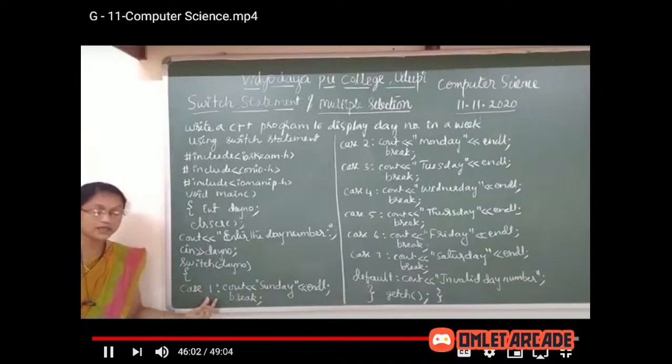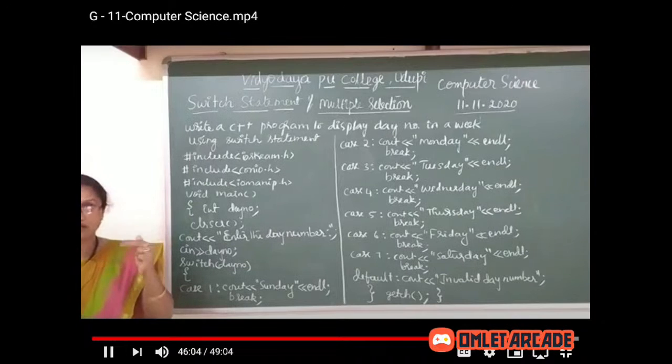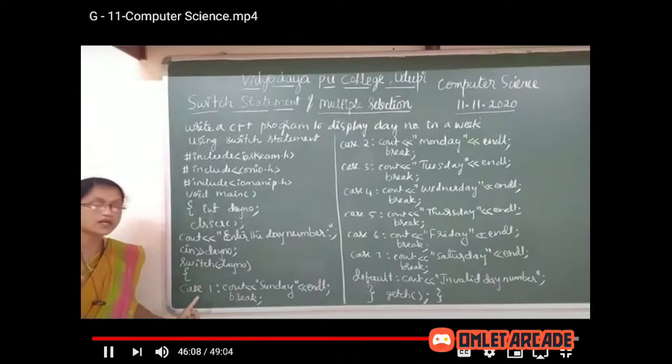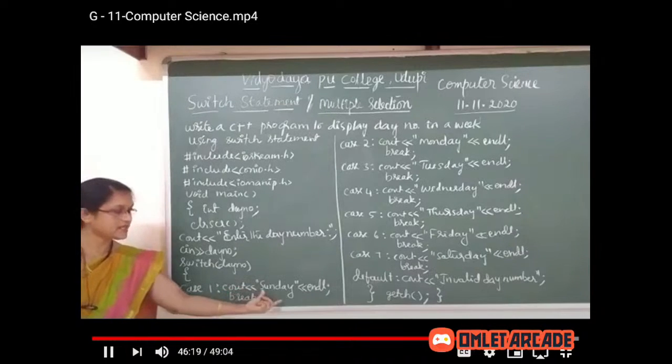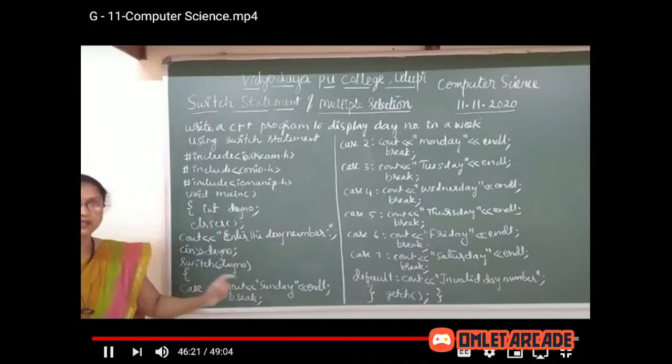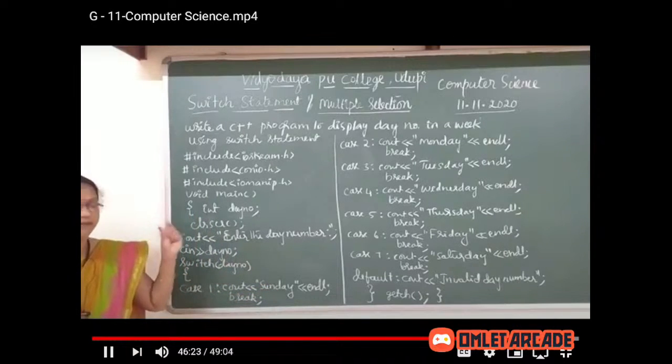So case 1, and if it is an alphabet or character, then it should be within single quotes, but it is a number, so 1 without single quotes. Case, leave space, 1, after that put colon, cout Sunday, means if you enter 1, then Sunday will be displayed on the screen.